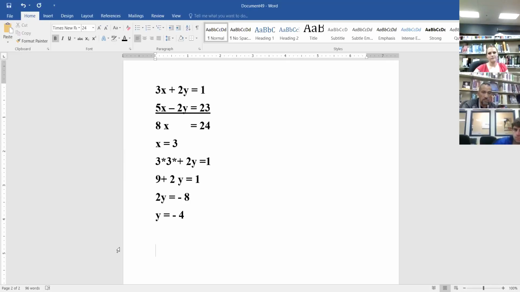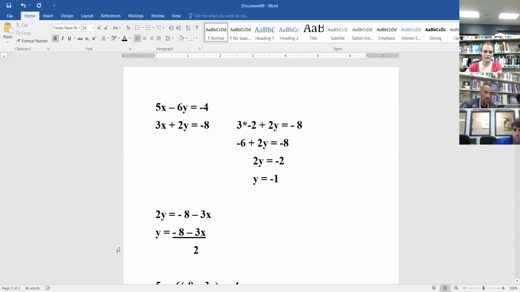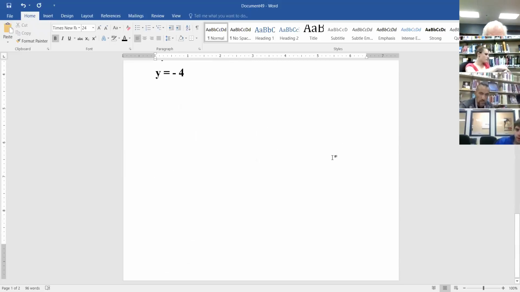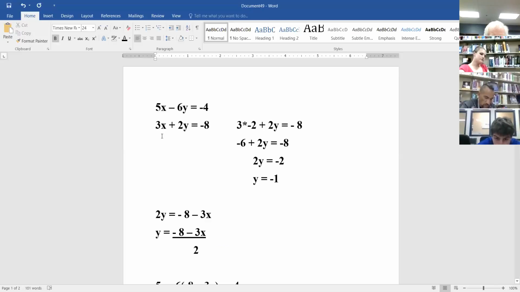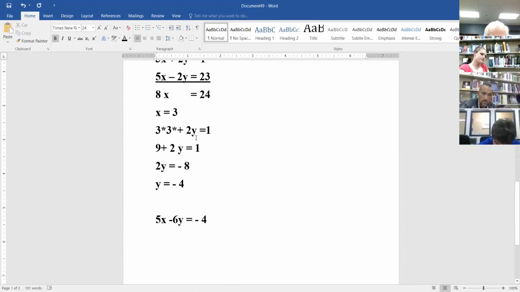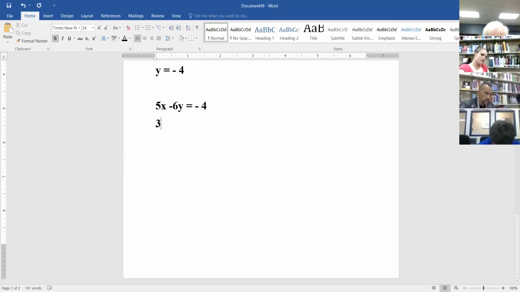But let's go back up to number 1 that we did, the very first equation that we did. 5x minus 6y equals minus 4, and 2x plus 3y equals minus 8. Okay.